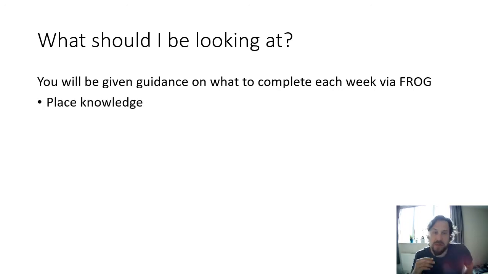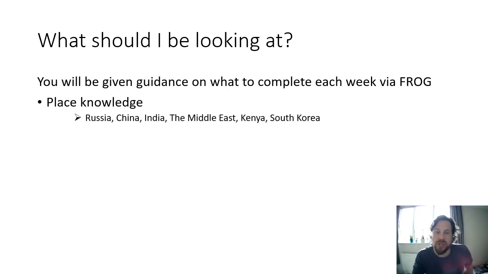So first of all, there's a section on place knowledge. So you need to know about the locations and the geography of different places around the world. So in this book you've got Russia, China, India, the Middle East, Kenya and South Korea, all linking into things that you've done in the past. So Kenya links into what you did in Africa.